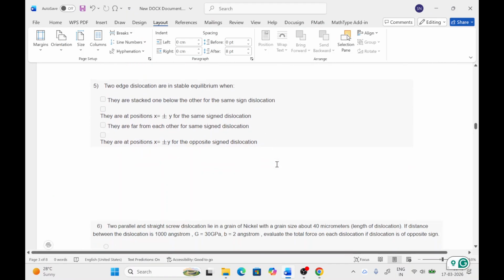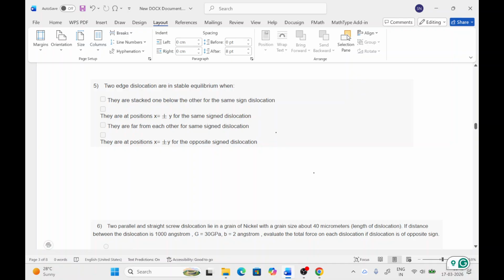Next question, we are asked when two edge dislocations are in stable equilibrium. This is regarding the interaction of dislocations when they come near each other.